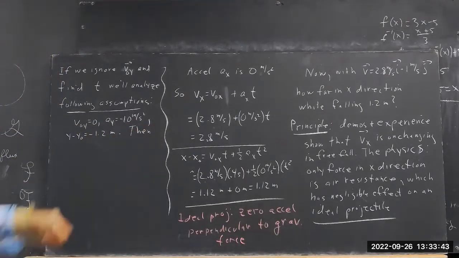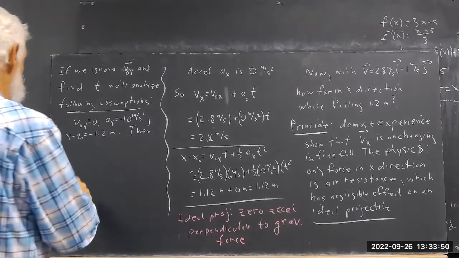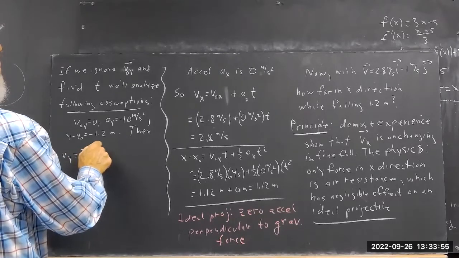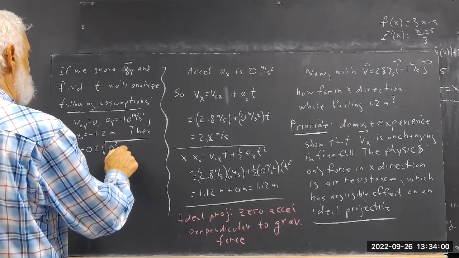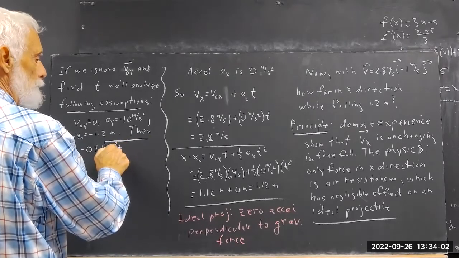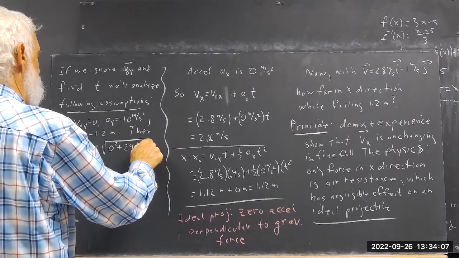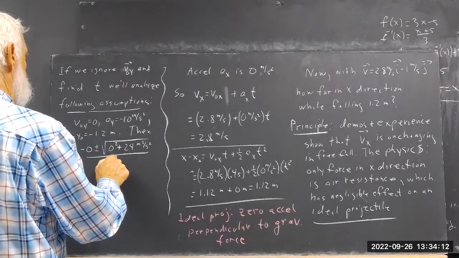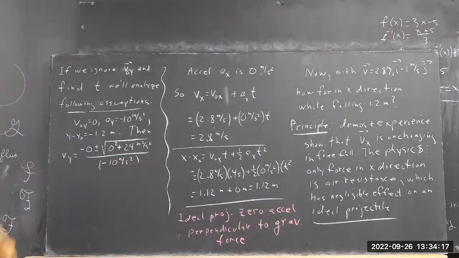So if instead of the negative 1 meter per second, we have initial y velocity 0, we're going to get this.